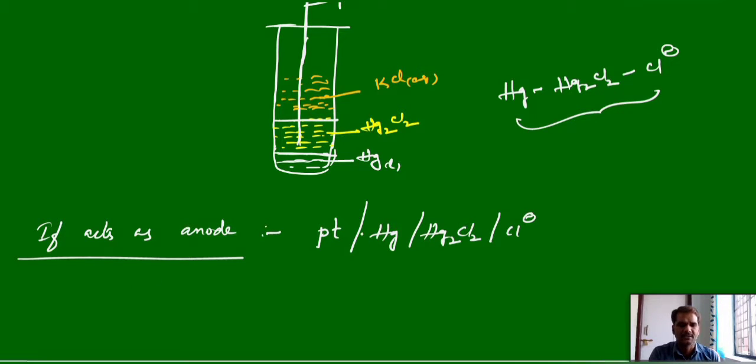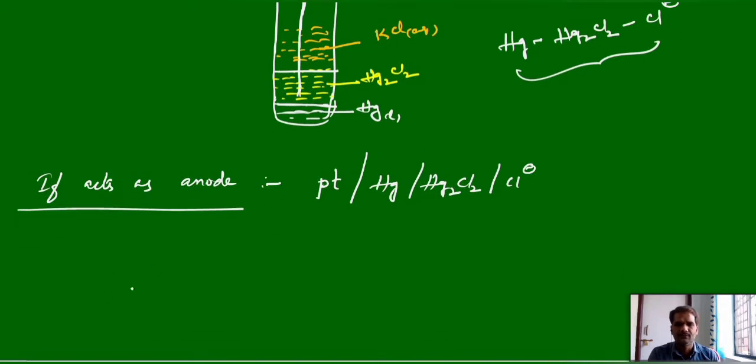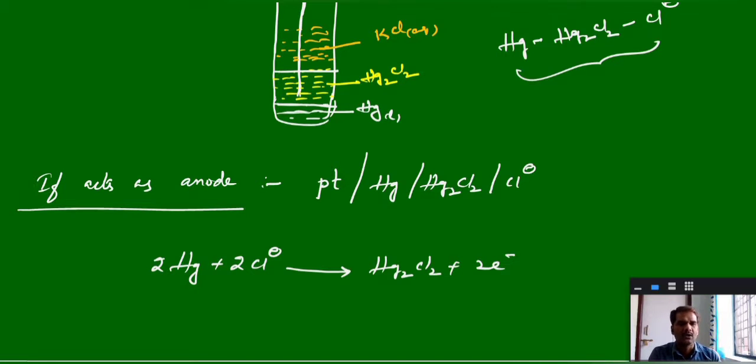This is the IUPAC cell representation when it acts as an anode. Then the anodic reaction: generally, in the anode reaction the metal with the anion gives the salt. Mercury forms mercurous chloride and releases 2 electrons. This is the anodic reaction.